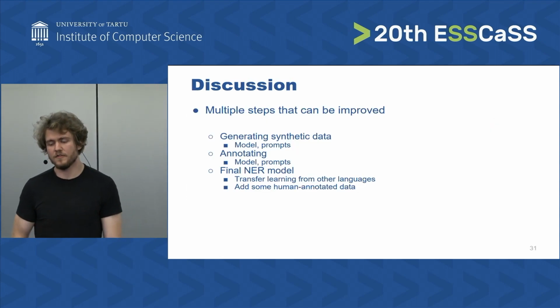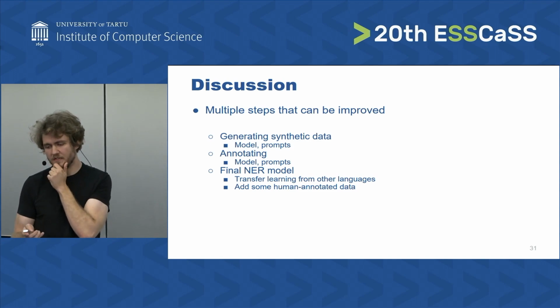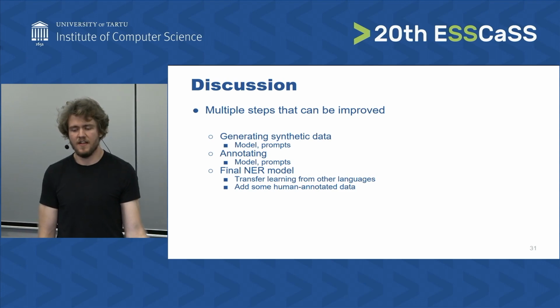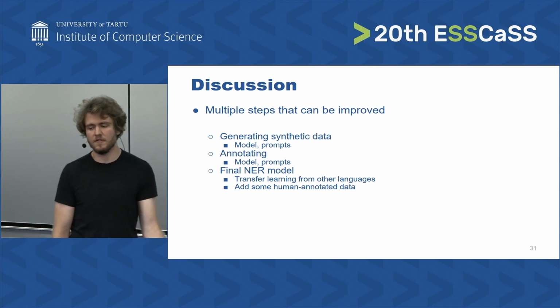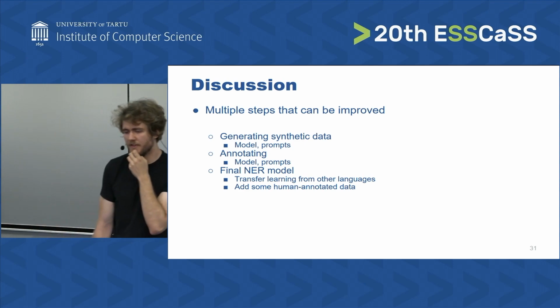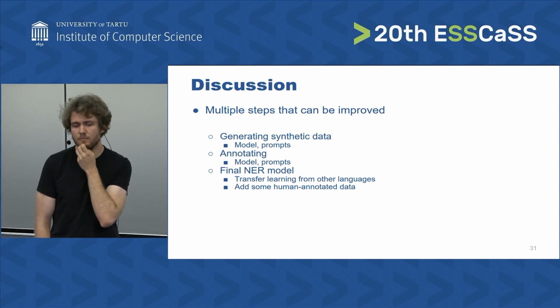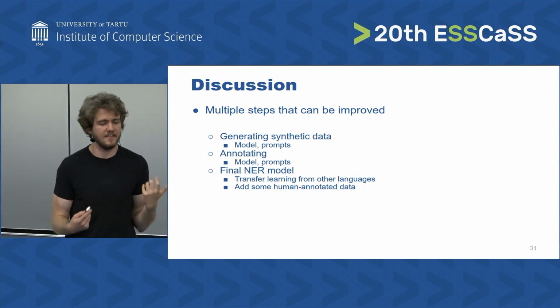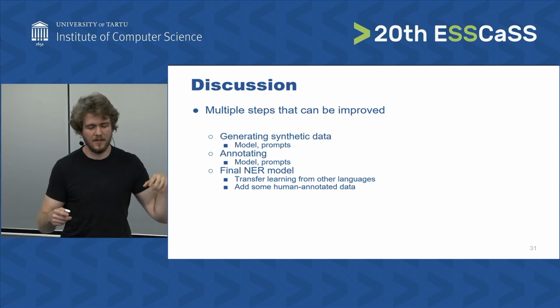Well, one of the key takeaways, in my opinion, from this approach is the fact that it's a process that involves multiple steps that could be improved. First off, generating the synthetic data: what sort of models you use for that, how you do the prompting there to get the data that you actually want to annotate.